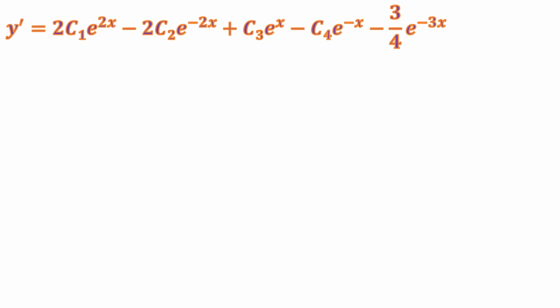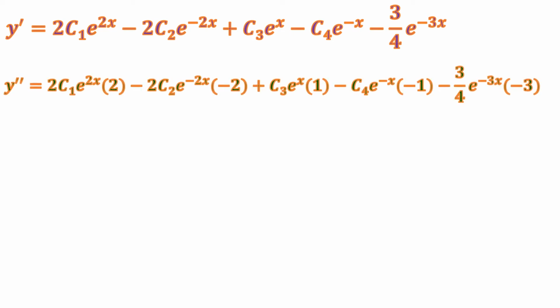So let's have now the y prime. This is the y prime that we have solved, and we need this to find the y double prime. So we're going to differentiate this. When you differentiate 2c1 e^(2x), it will be the same but multiplied by the derivative of the exponent, which is 2.